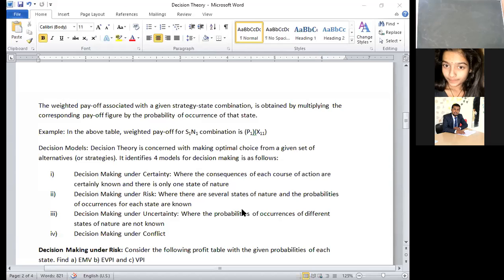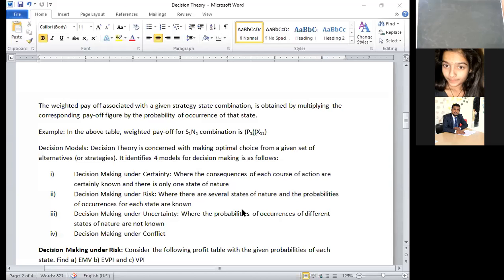Again, I am repeating the definition of decision making under risk. The decision maker has less knowledge of the consequences of every decision choice, because it is not definitely known which outcome will come. The third one is decision making under uncertainty.